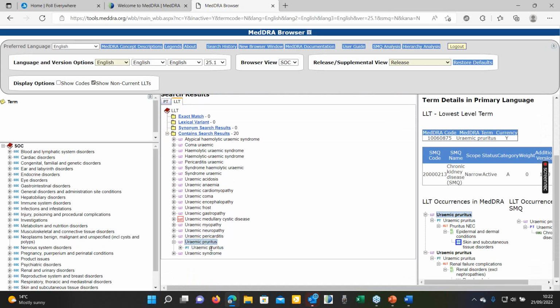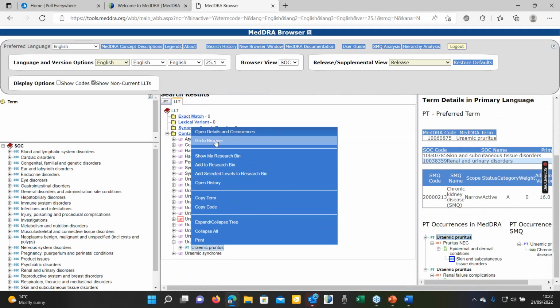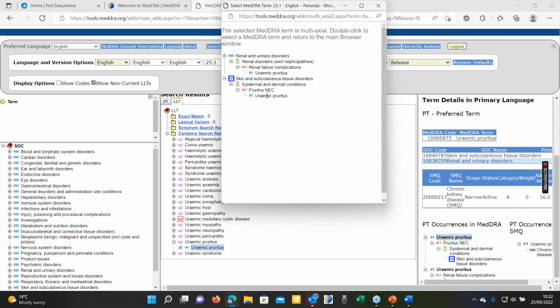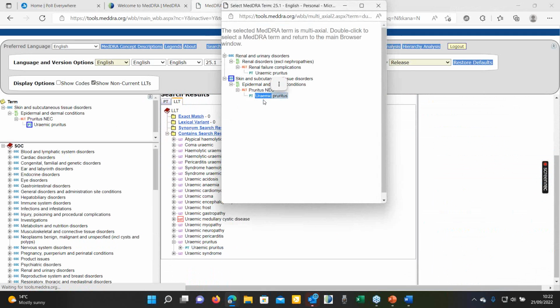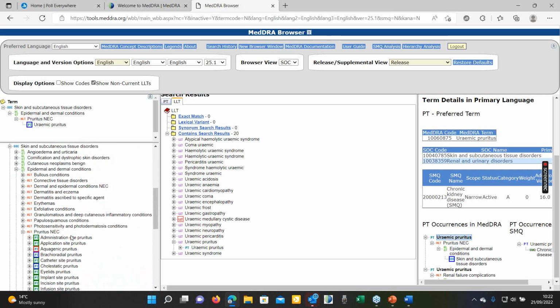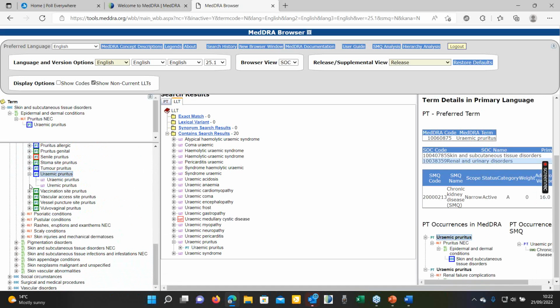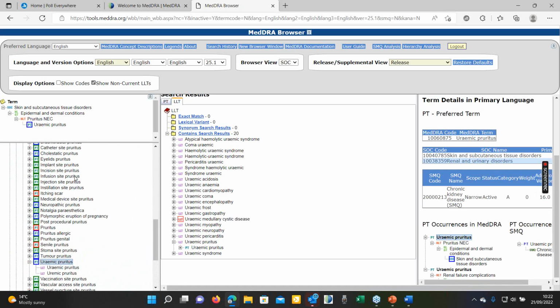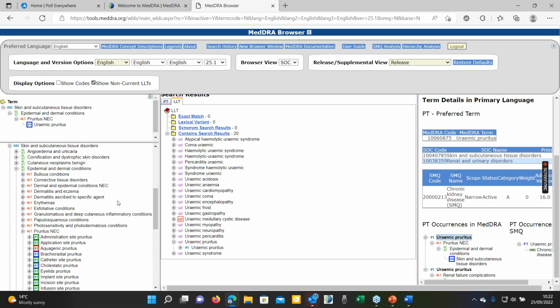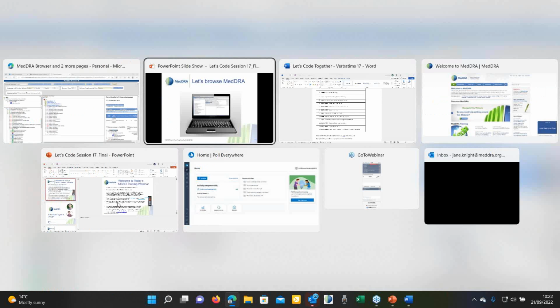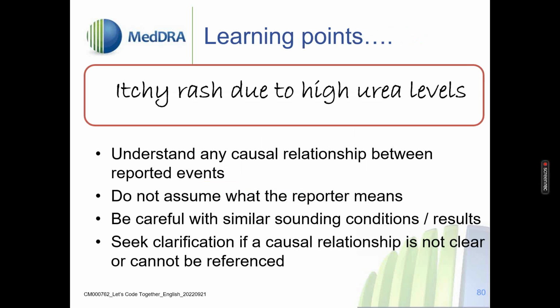It doesn't capture the rash, but it does capture the itchiness. So that is a uremic pruritus there. I can do a right-hand click, go to browser. It's in the skin disorders, site of manifestation for the primary SOC allocation. There it is. Uremic pruritus is in with skin. So it's a judgment. Do we feel comfortable with that as a combination term, or do we split code?